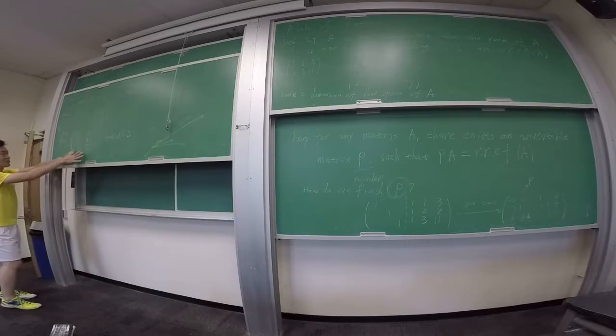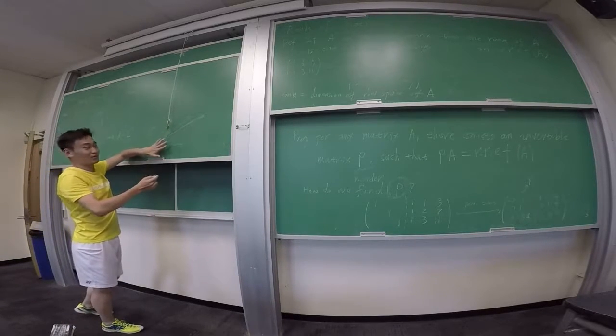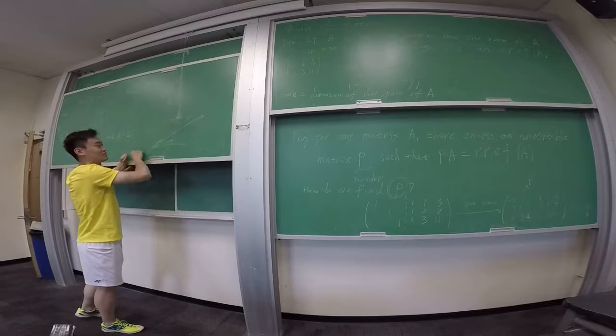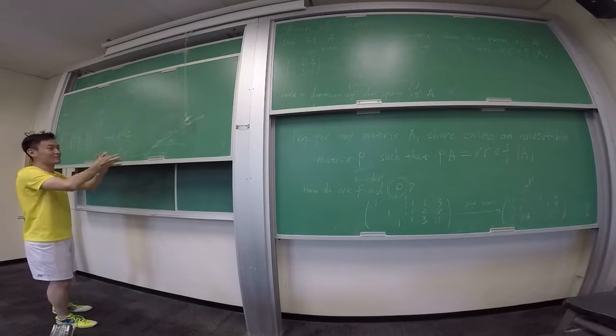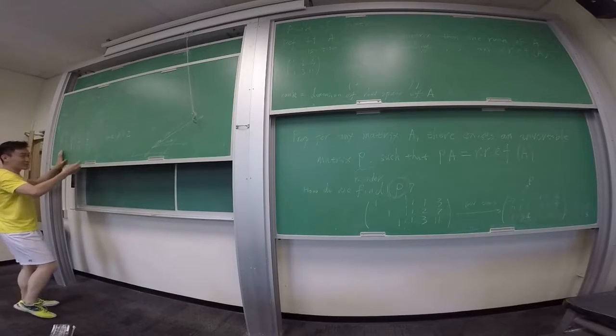So all linear combinations of these 3 vectors are actually linear combinations of these 2 vectors, because this vector is already a linear combination of these 2. So geometrically, it means those 3 vectors can only span a plane. The space that it can span is a plane. So that's why the rank is 2.